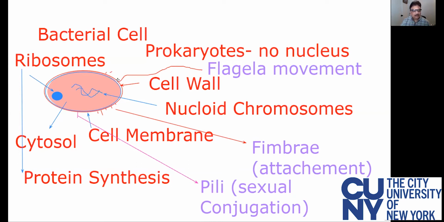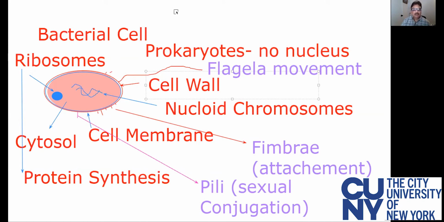The cell wall helps in protection, and the cell wall is generally dead material. The cell membrane is living, selectively permeable. And three appendages: flagella for movement or locomotion, fimbriae for attachment, and pili for sexual conjugation. So this is about the bacterial cells.